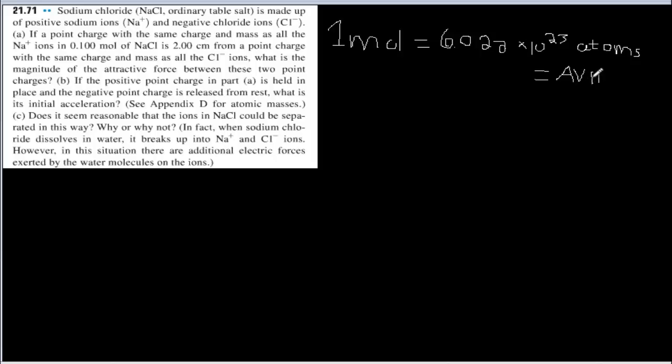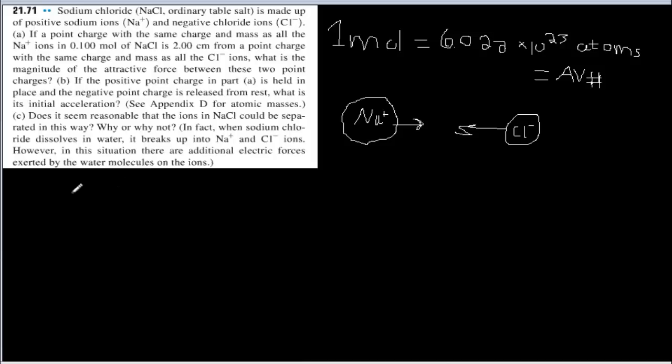And so the question is asking us, imagine that the point charge is basically 0.1 times Avogadro's number amount of Na plus ions, and the other point charge being 0.1 times Avogadro's number of chlorine ions. So since one is positive and one is negative, we're going to have an attractive force between them.